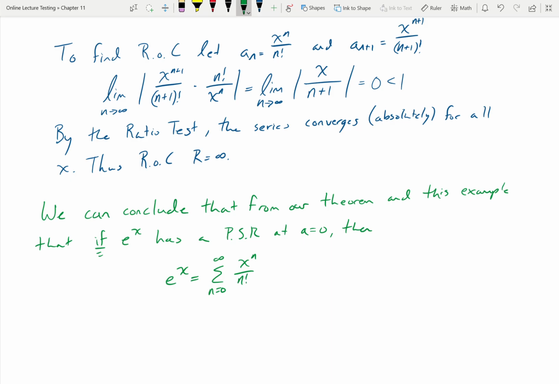Okay? Again, there's this big question of if, because that theorem says if it does have a power series, then this is what it's going to look like.